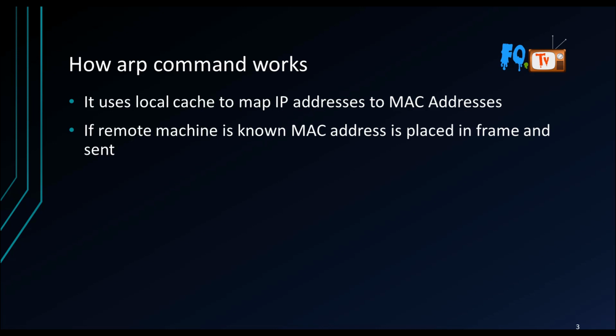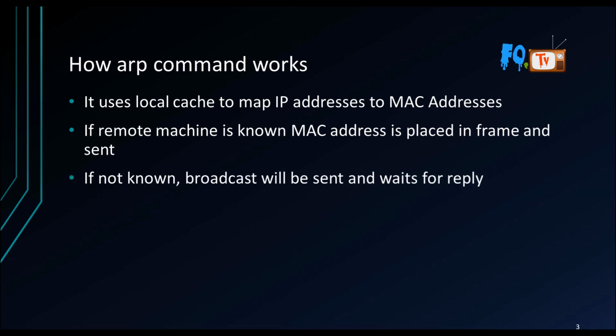If the remote machine is already known, which means it has already communicated with this machine, it places the MAC address in that frame and sends it to the remote host.